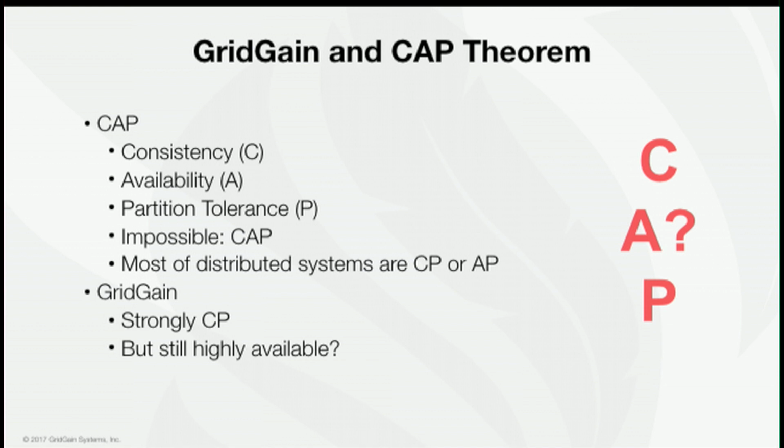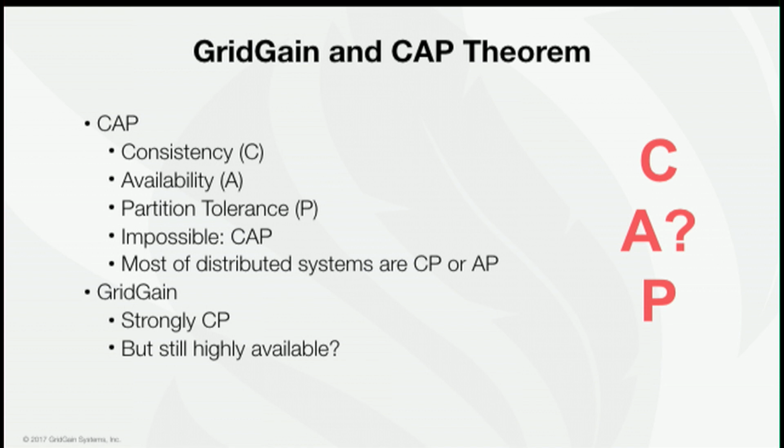The second one is availability, and if a system is available, it means that you will never get an exception from the system. It will always give you some result, right? And partition tolerance, which means that basically the system can survive network partitions.